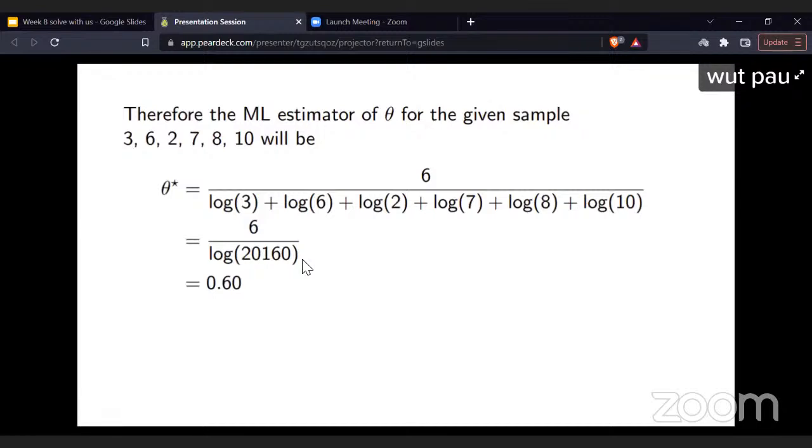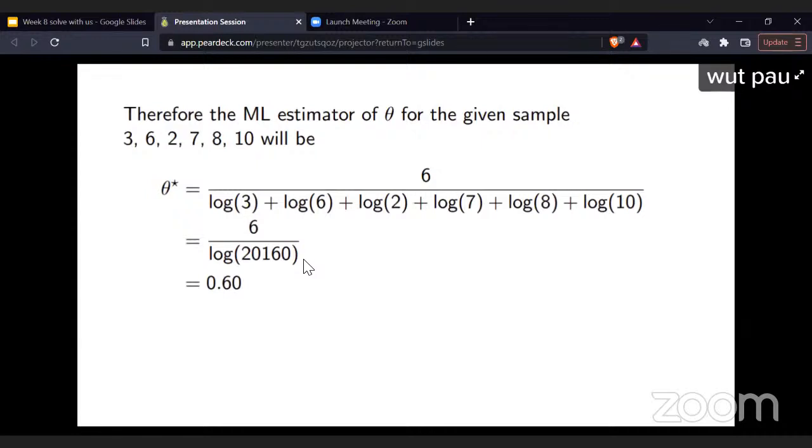Are you all getting the same answer, 0.60? Yes, ma'am. Okay, so how to find the maximum likelihood estimate? The first thing we do is find the likelihood function, that is the product of the distribution function over the sample, and then we take the log likelihood.